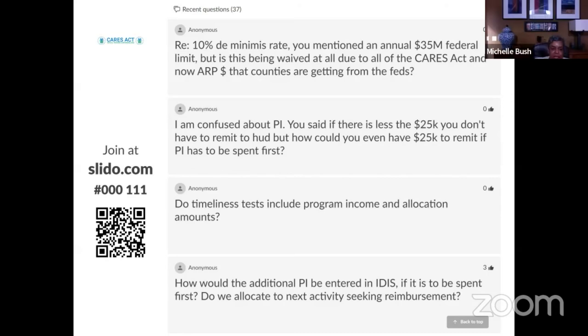Do timeliness tests include program income and allocation amounts? Yes, they do. So when your test is administered, which is typically a certain time, I think it's 60 days before the end of your grant year, then program income is included in that calculation.